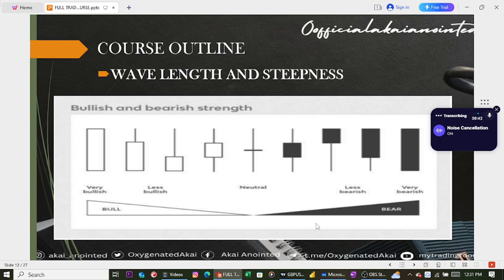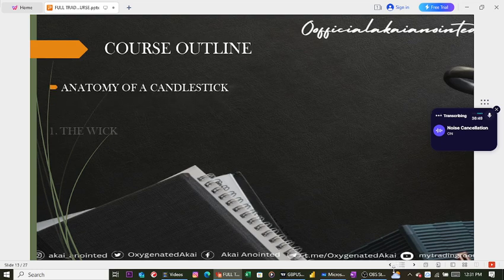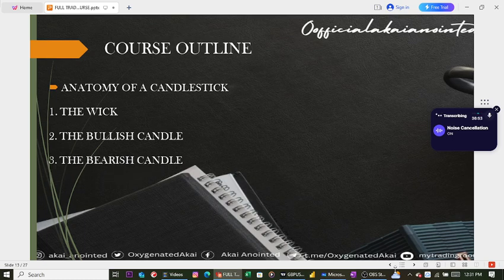Before I come to this, I'll first take you to the anatomy of a candlestick. We have the wick, we have the bullish candle, and the bearish candle. The bullish candle is the opposite of a bearish candlestick, and we have the body.